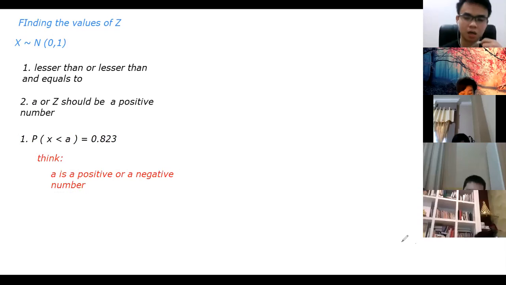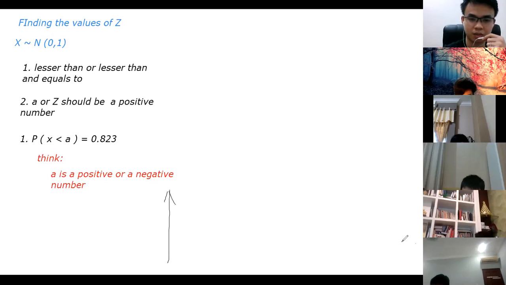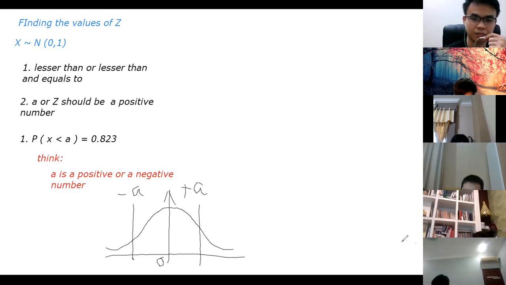How can we understand this easily? We have to plot the graph first, so it's easier to understand. For a standard normal, the mean is at 0. So a has two versions: it can be a positive value and it can be a negative value.